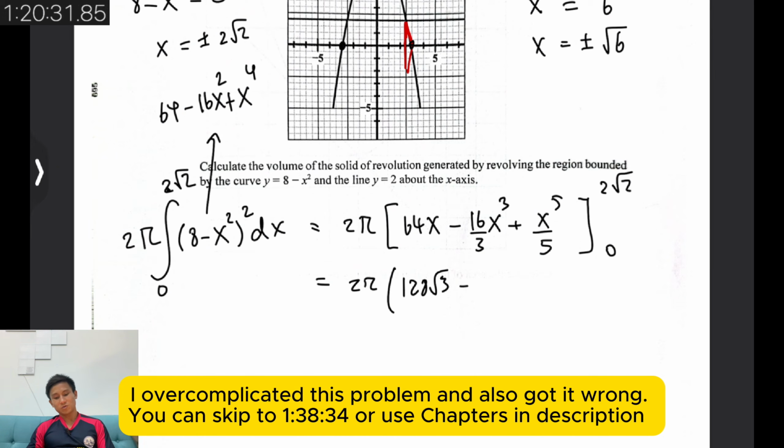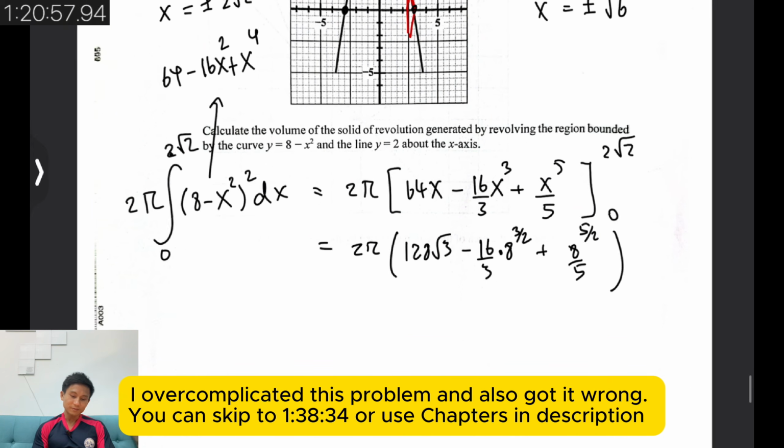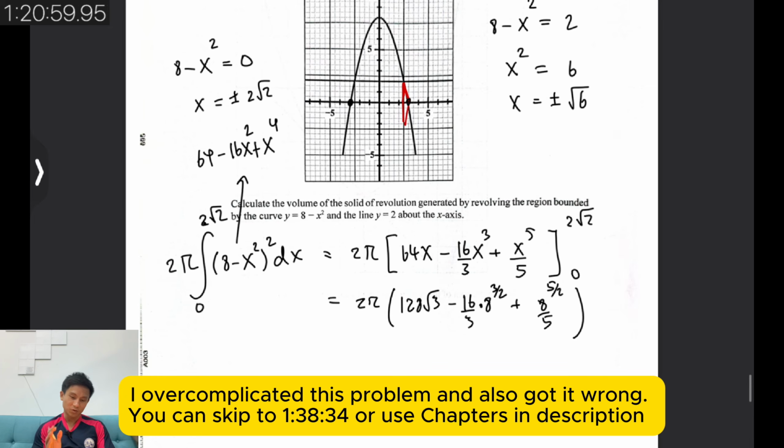Well, that's complicated. You know what? I'm just going to do 16 over 3, because this is again 8 to the power of 1/2, it's root 8 there, so it's 3 over 2, using laws of indices. And this is again 8 to the power of 5 over 2, over 5. Okay, so that's the volume of the whole thing.